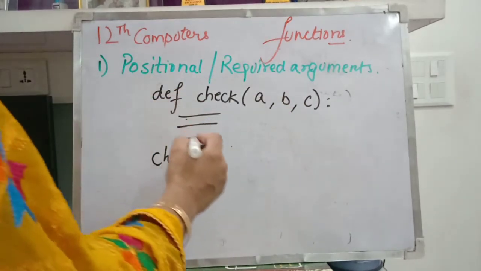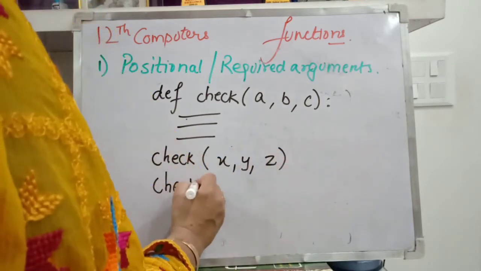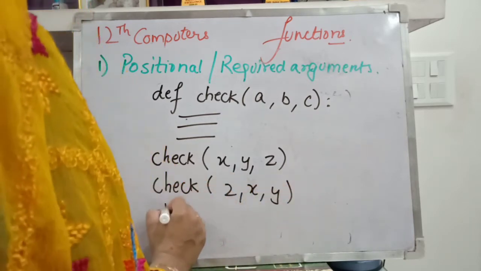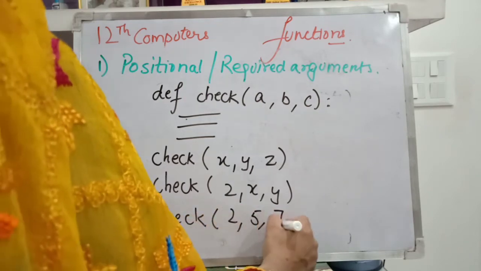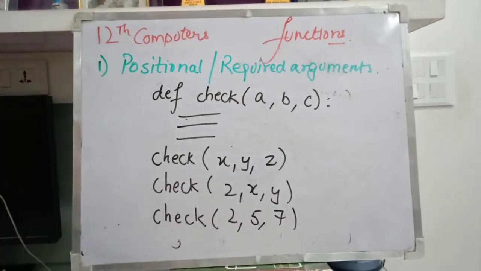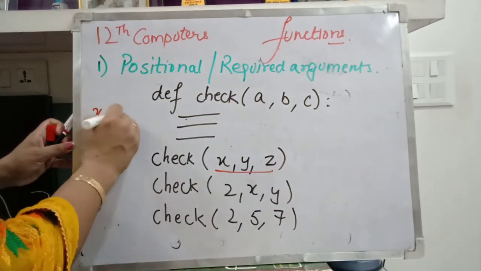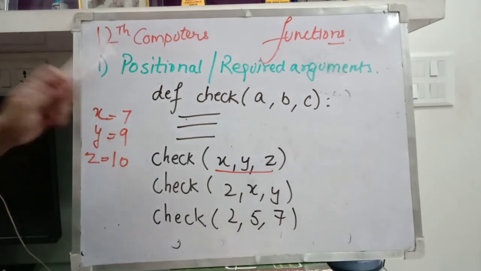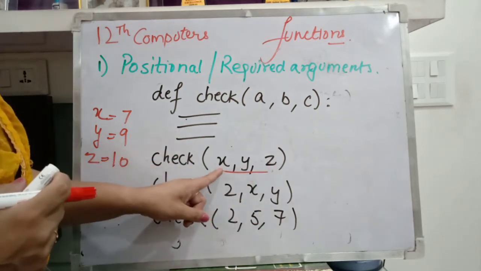I have passed x, y, z in the first case. In the second case, I have passed 2, x, y. In the third case, I have passed 2, 5, 7. Now look here very carefully. Let's suppose the user has given the values of x, y, z as 7, 9 and 10. This type of argument says that whatever value x, y, z have, it goes to the same position.